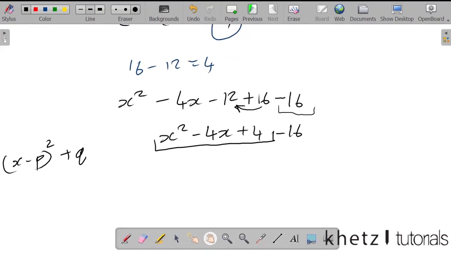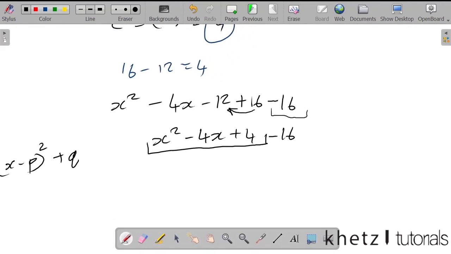So now I just have to say that we see that this is actually equal to x subtract 2 squared. This part is equal to that because if you square x, you're going to get that. If you square 2, you're going to get that. If you multiply x and -2, you're going to get -2x. Multiply that by 2, you're going to get this middle term, which means this actually satisfies the square part of the new form.